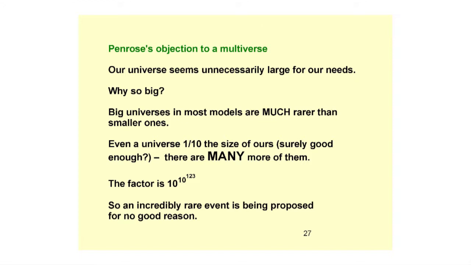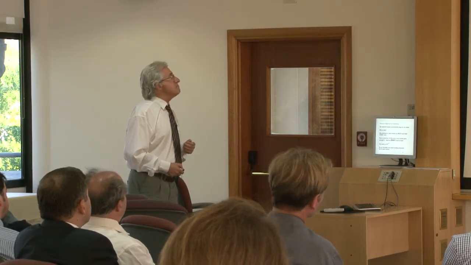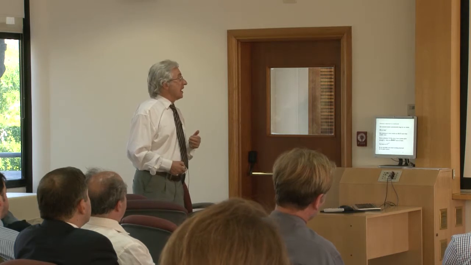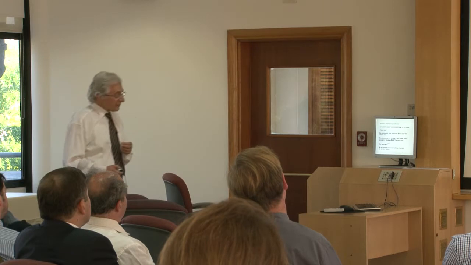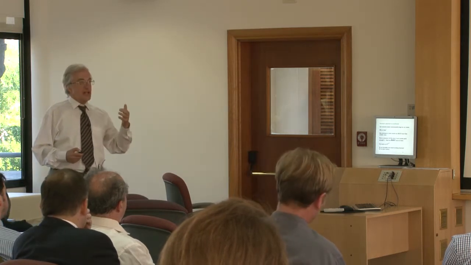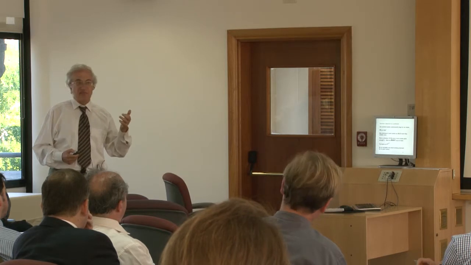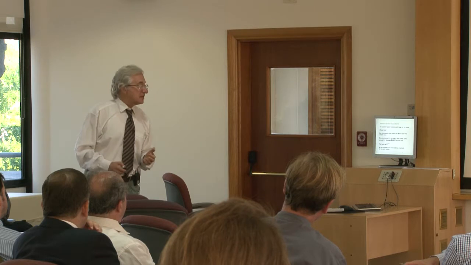Now, a universe 1/10 the size of ours should be good enough. But he says that there are many, many more possibilities. And here's a huge number. That's his calculation. That means that what we observe is enormously unlikely compared with what might have been. This doesn't sound convincing. At least that's his argument.